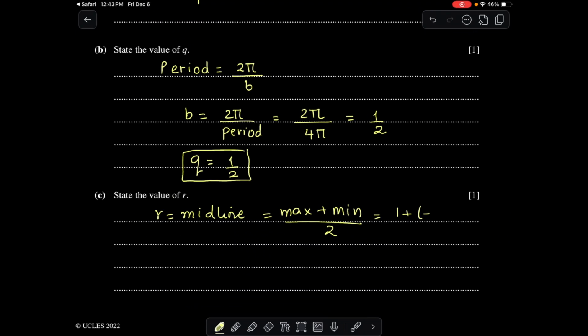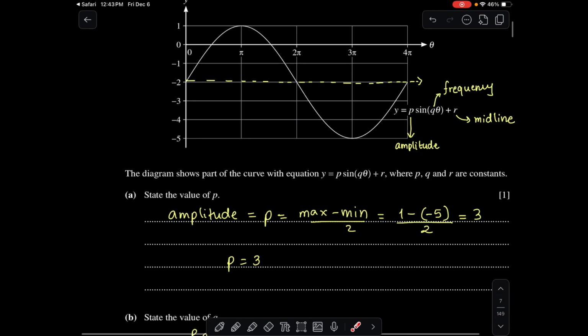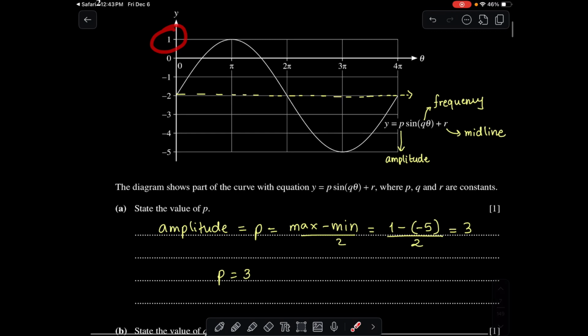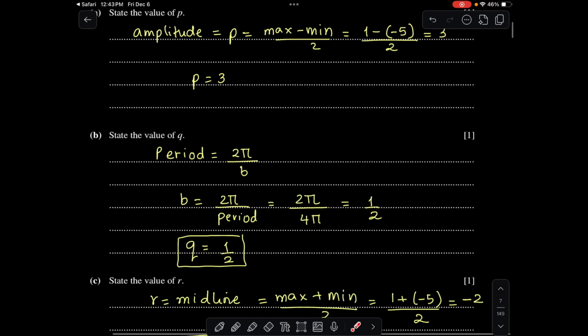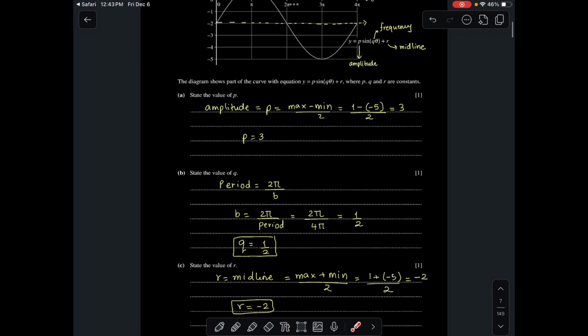So 1 plus minus 5 divided by 2 is negative 2. So the value of R is negative 2. Maximum plus the minimum: you can see from the graph the maximum is 1 and the minimum is minus 5. So that's about it for this question.